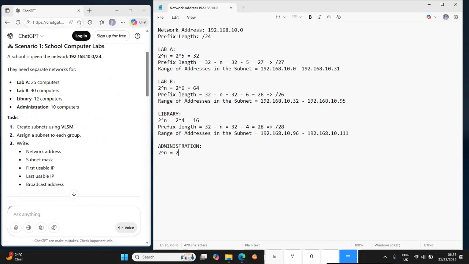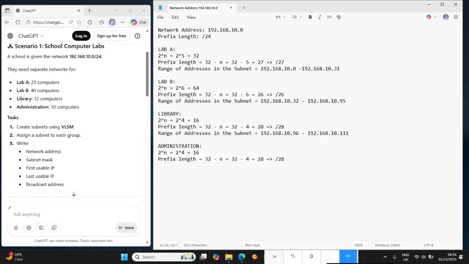So 2 raised to power 4 is 16. So the prefix length for that is going to be 32 minus 4, which is 28. So it gives a subnet mask of /28.